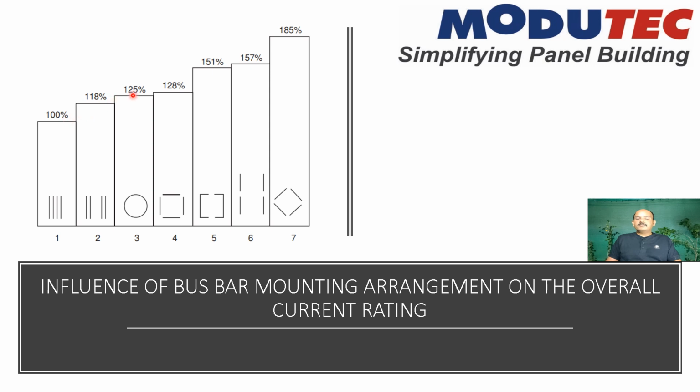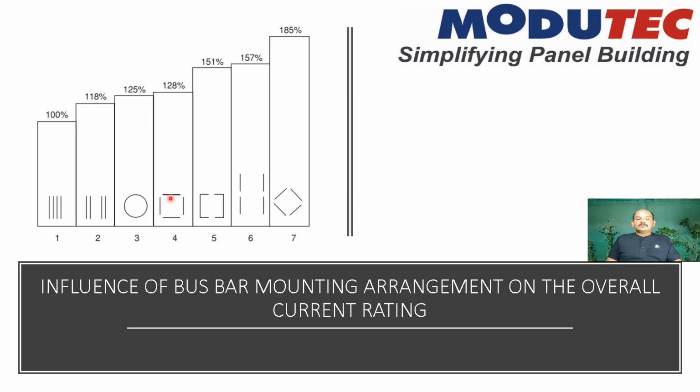That means a 25% increase in the current carrying capacity with the same material, only a different type of material shape. The other thing, if you go for a rectangular arrangement with the same 4 bus bars, the square mm is the same, but the current carrying increases from 100 to 128%. That means 28% is increasing here.